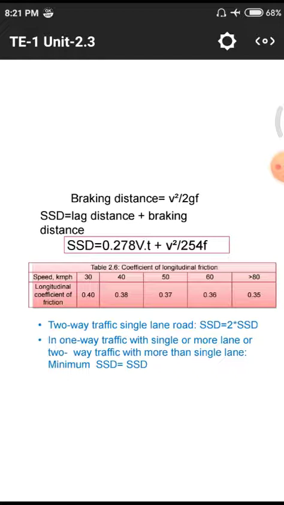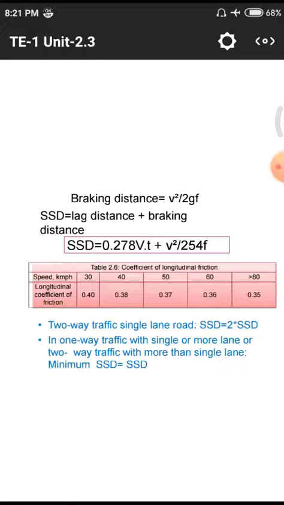While we are traveling at 50, we are having 0.37 as the friction coefficient. With 60 velocity, we are having 0.36. Likewise, as your vehicular speed increases, the friction will decrease, so we need greater friction at lower speeds. If the vehicle speed is more than 80, there will be a friction of 0.35.